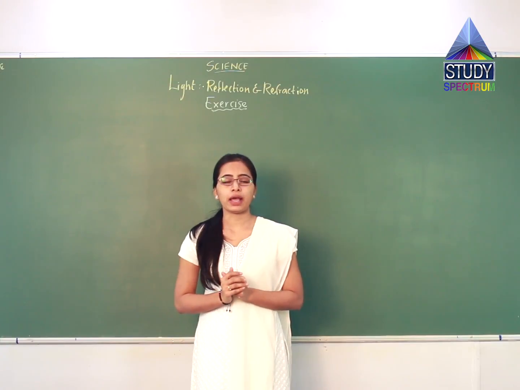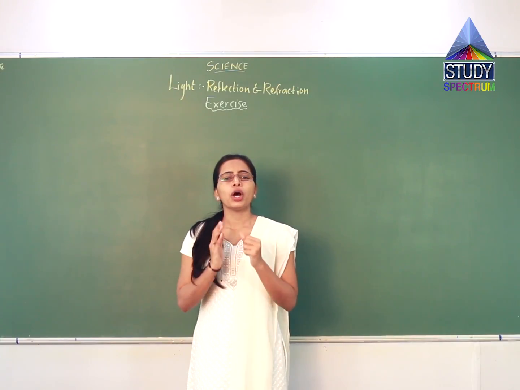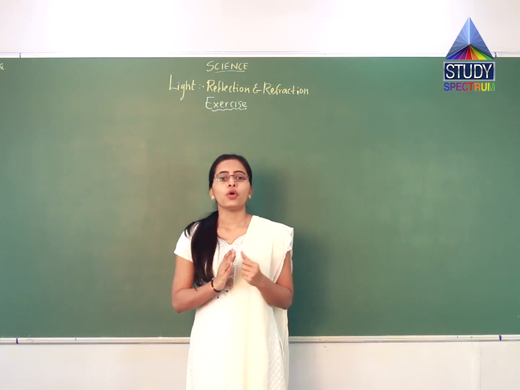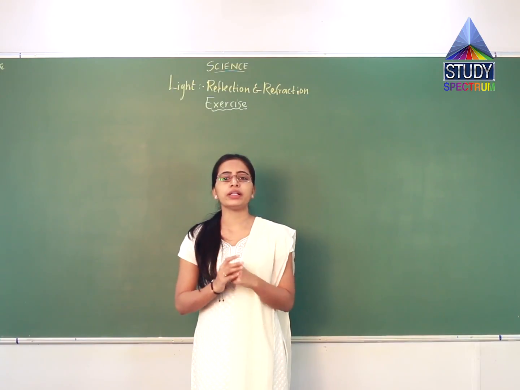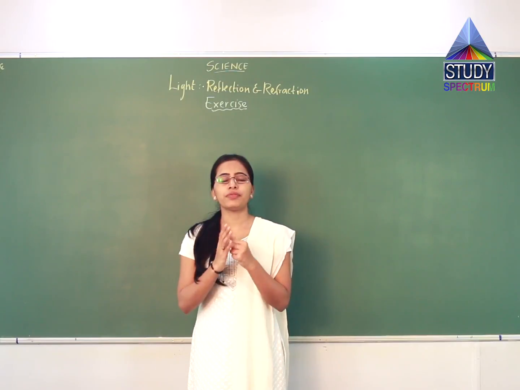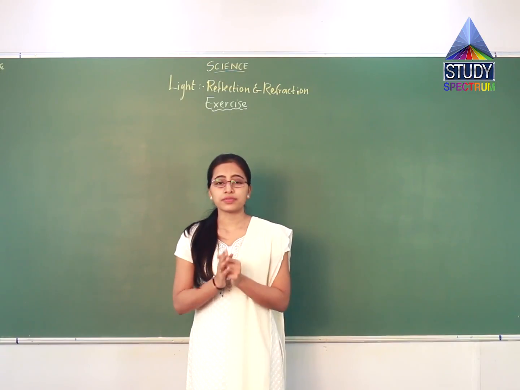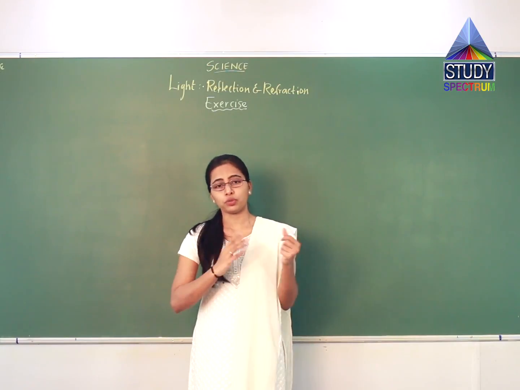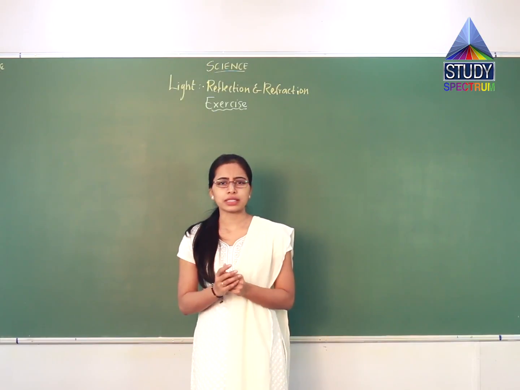The next question we have is question number 6. Which of the following lenses would you prefer to use while reading small letters found in a dictionary? This is a very simple question that you must have seen.